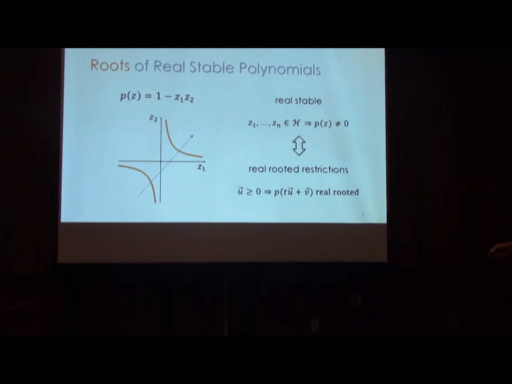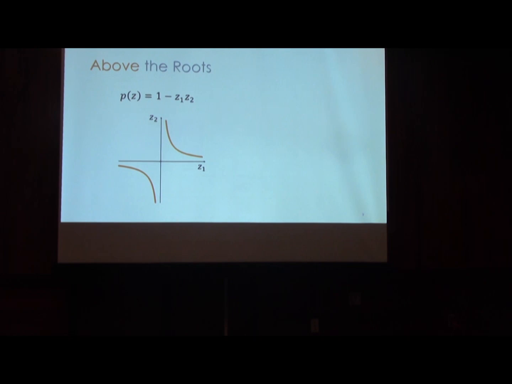As you can see, in this simple example, any univariate restriction that we can imagine that goes in the positive direction intersects both this curve and this curve. So you have two roots which are real. Pictorially, that's what it means. There is also this concept of above the roots.